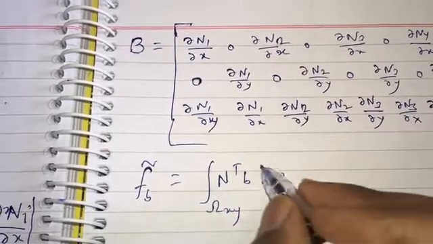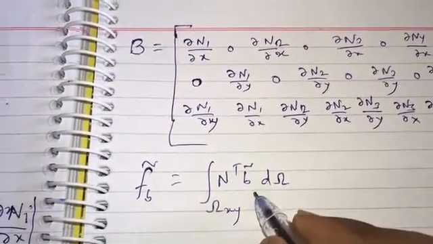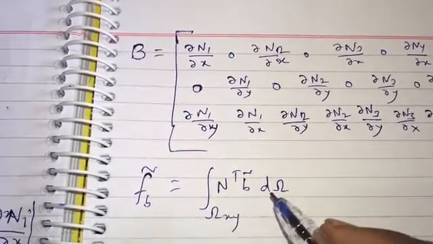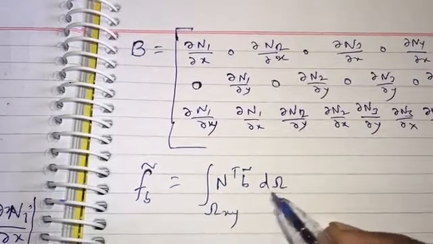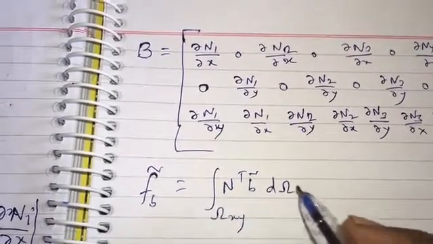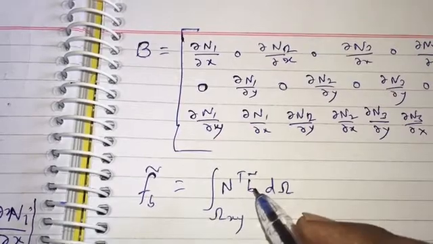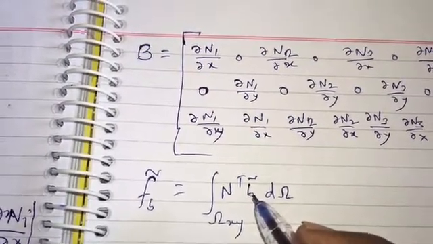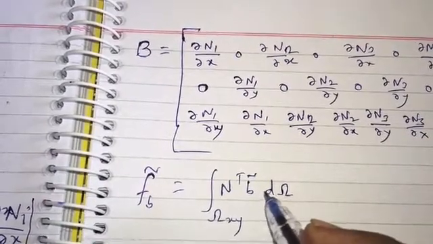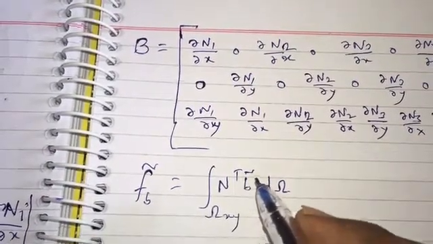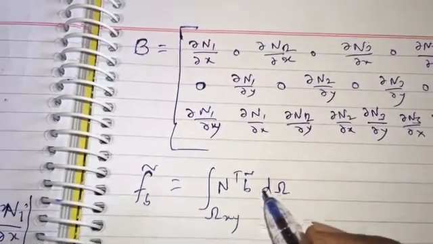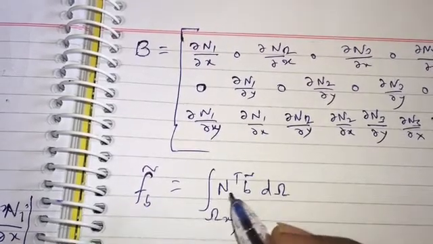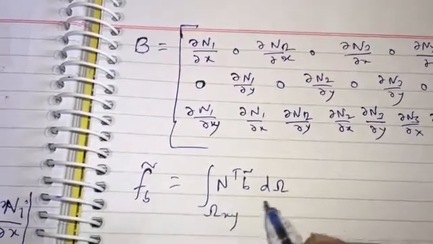If this body force is a function of xy, then we have to convert this into xi eta by the relationship we have, x equal to summation of N_i times x_i, and y equal to summation of N_i times y_i. So that we put inside this one, and it will automatically be converted to the xi eta system. Yeah. So both are now in the xi eta system. Only thing is we have to integrate in the xi eta system.